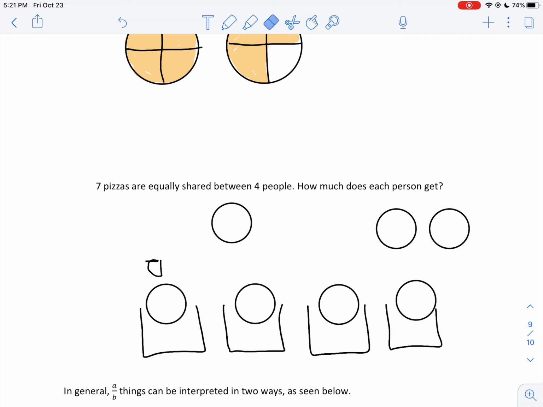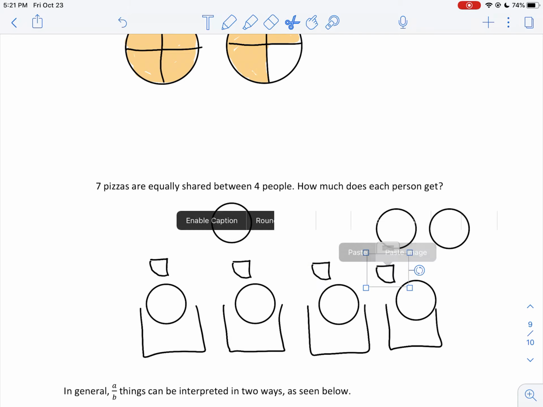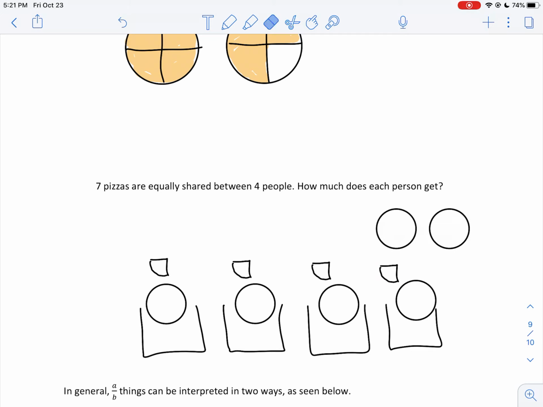So there's going to be a quarter. This looks horrible. So let me draw what a quarter would look like. So there's a quarter pizza. Oops. I want to paste that. There we go. And that takes care of that pizza got split up.